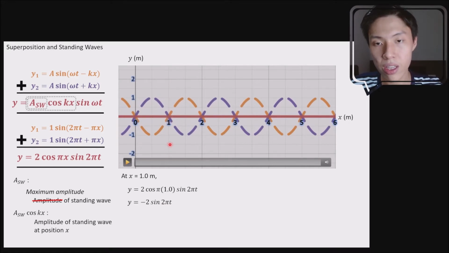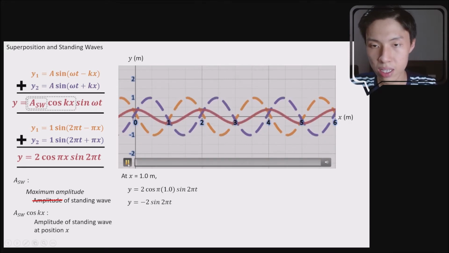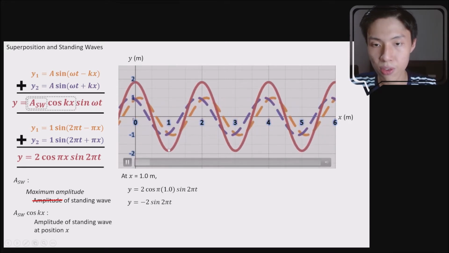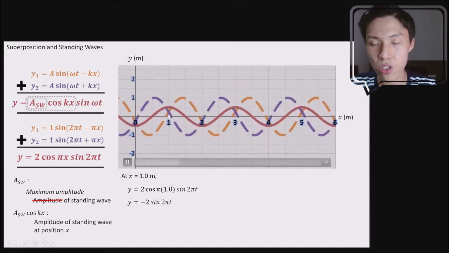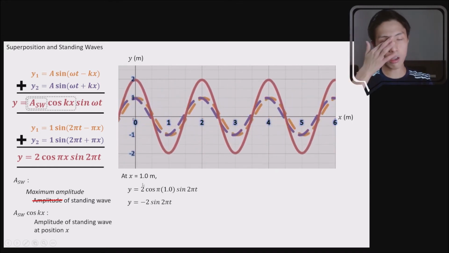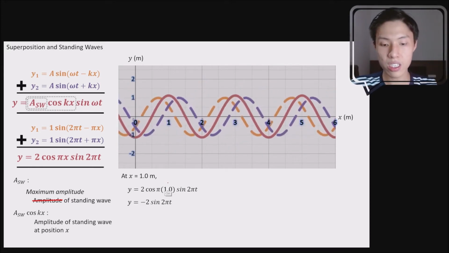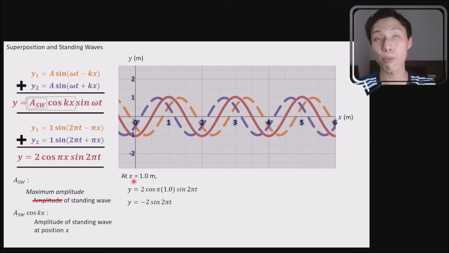So let's look at it. Start. You can see that this particle is definitely moving down, then up, then down. So it's following a negative sine pattern for this particle at x equals 1.0 meter.